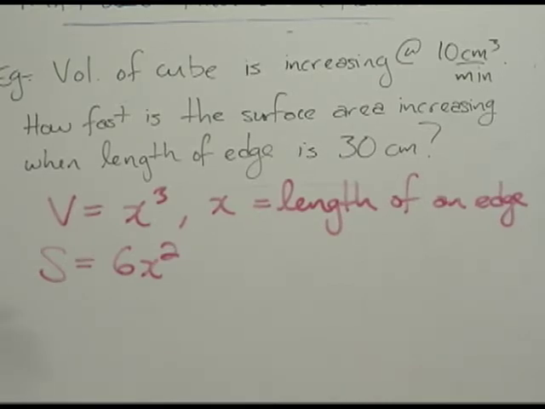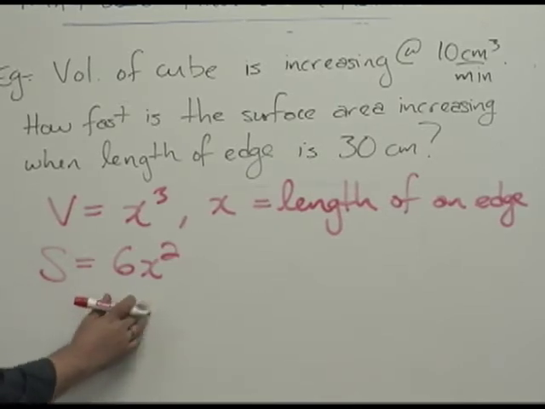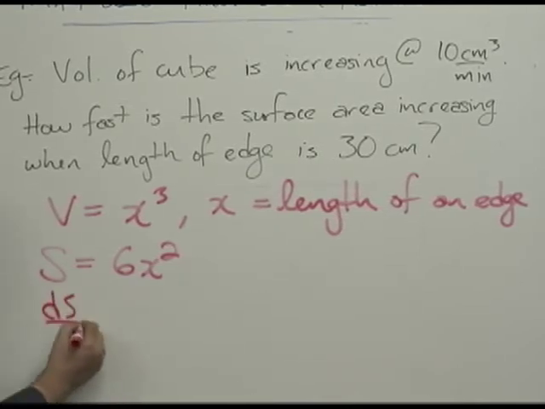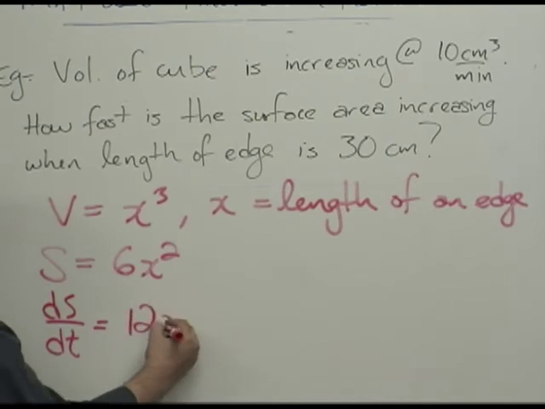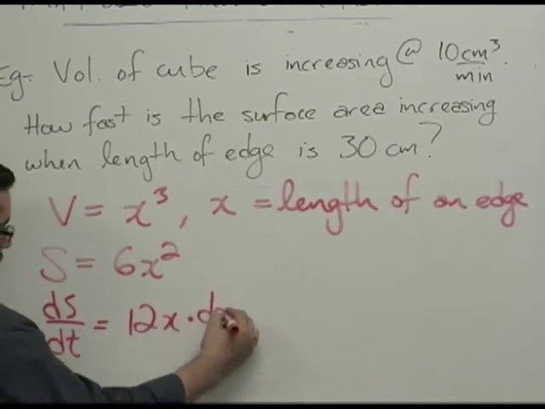So that means that whenever you compute a derivative, say for example the derivative of the surface area, you're going to end up using implicit differentiation. So say for example we take the derivative of this with respect to time. We're going to have dS/dt is equal to the derivative of this, which is going to be 12x times the derivative of x with respect to time.